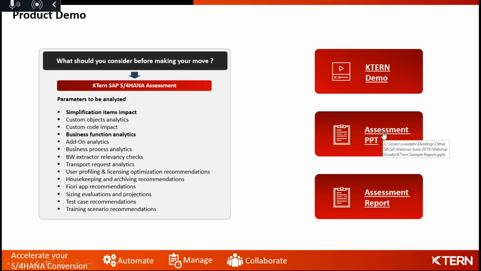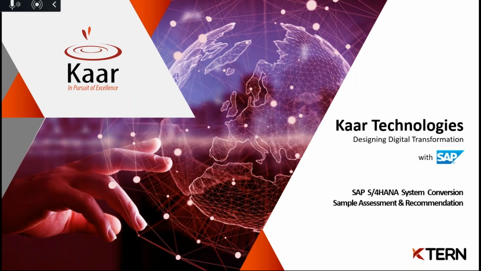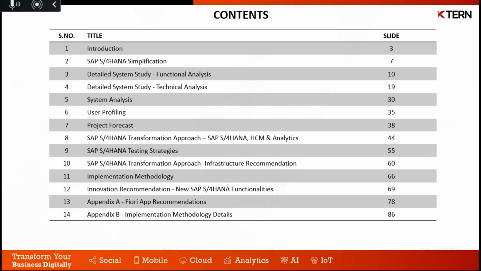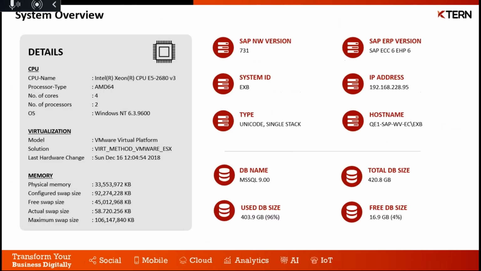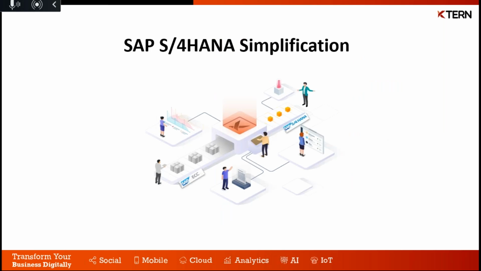So all these results need to be presented for the stakeholder buy-in, right? So I've got an assessment PPT coming up, which is curated right from the application. And I'll just brush up on these so that we can head further.